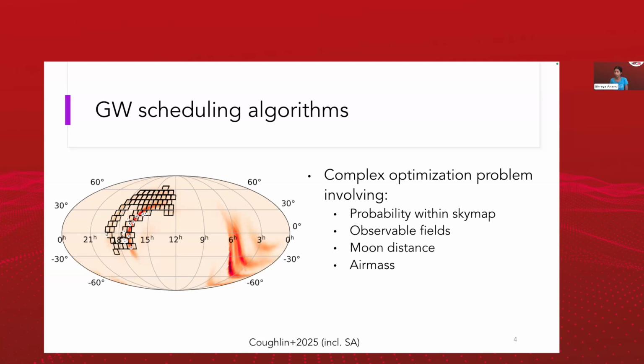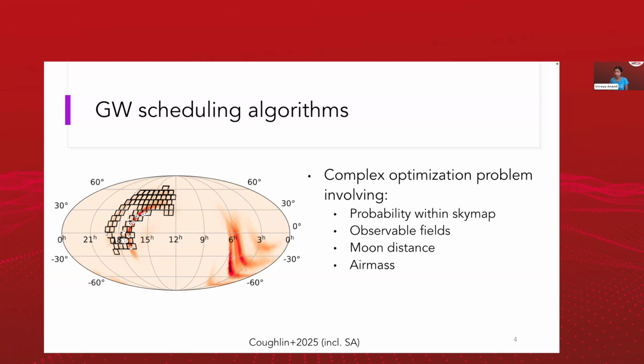So the first step here is actually trying to conduct efficient observations of the entire sky map in question. So here's the sky map of GW190425. As you can see, it spans a wide area, and this shows the ZTF coverage of this particular sky map.